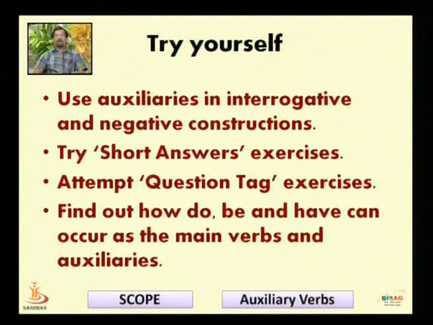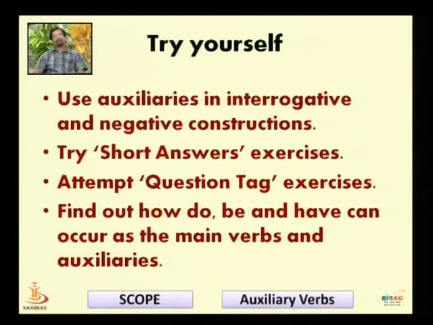You will certainly find that in the question tag also all varieties of auxiliary forms of do, have and be are used. Make sure that you use them perfectly without any error. After writing your answers, after finishing your exercises, you can get them checked by your teacher or by your friends.